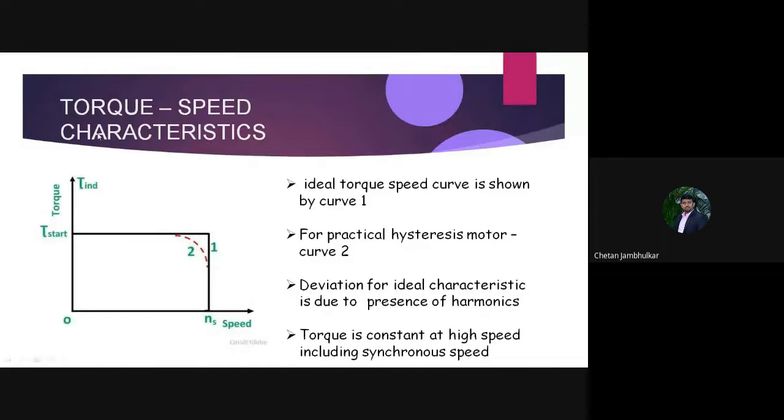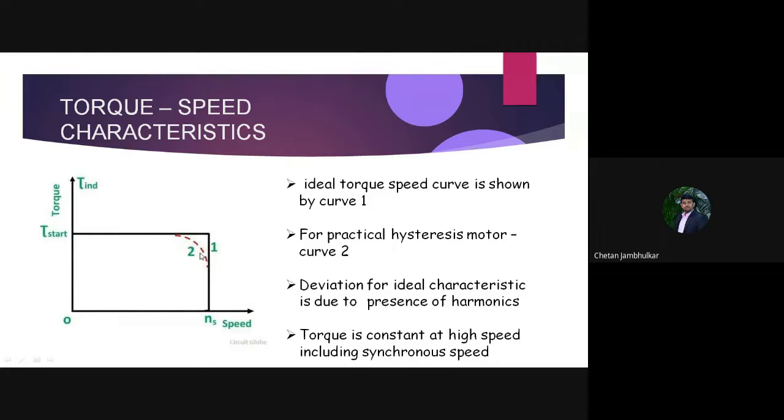So this is the load torque speed characteristic of the hysteresis motor. When the motor starts, your speed will be zero, and at this point there will be identical torque, identical characteristic.